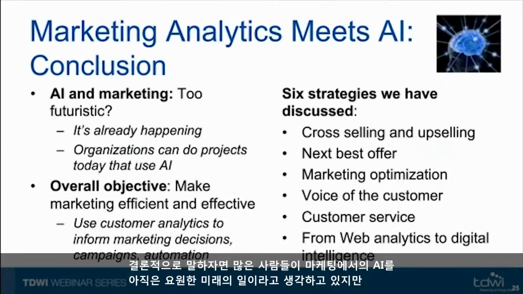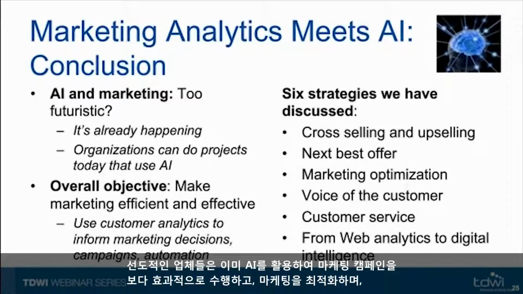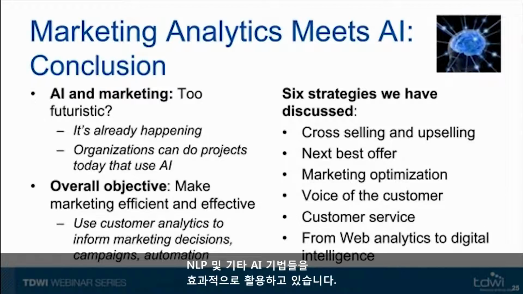In conclusion, I think we've shown that AI in marketing, which a lot of people say is pretty futuristic, is in fact not futuristic, really. It's already happening. It's being used by leading companies to run more effective marketing campaigns, to optimize their marketing, and to use things like natural language processing and other AI techniques effectively.